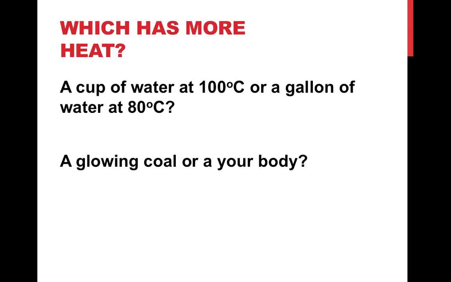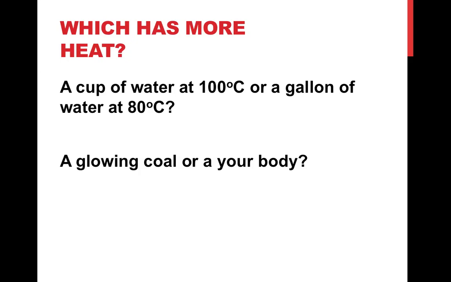so here are two scenarios to see if you can recognize the difference between temperature and heat. Because remember, temperature is just a number that tells you the average energy, but heat is like the total amount of energy from things being hot, which is from particles moving around.